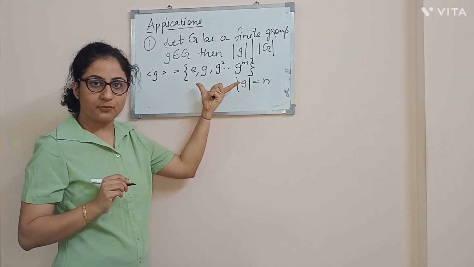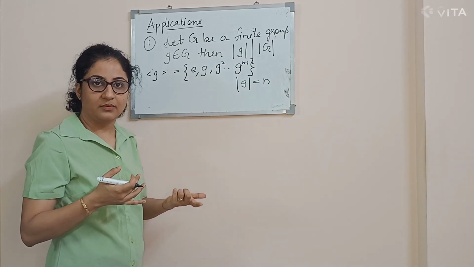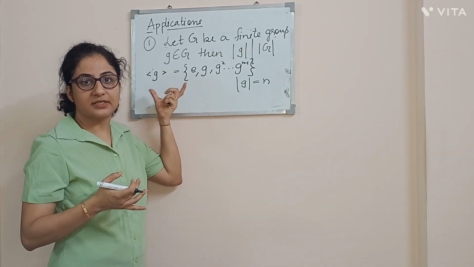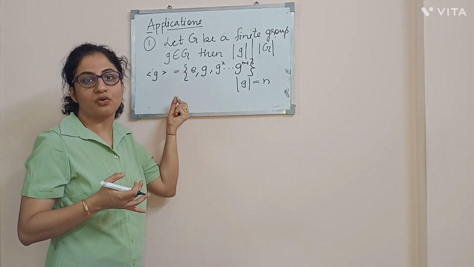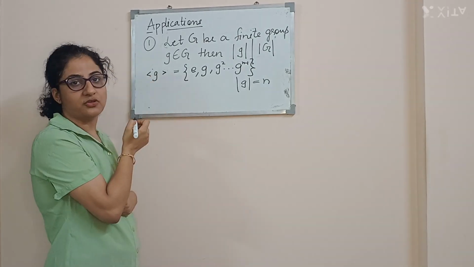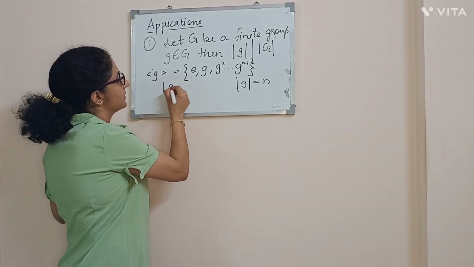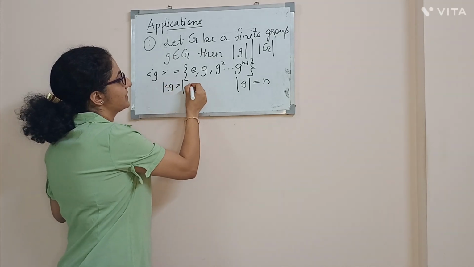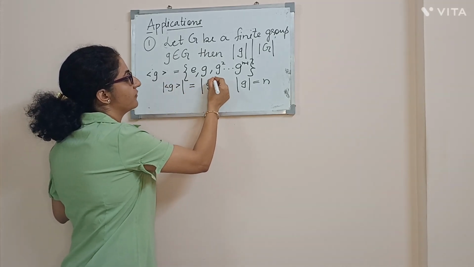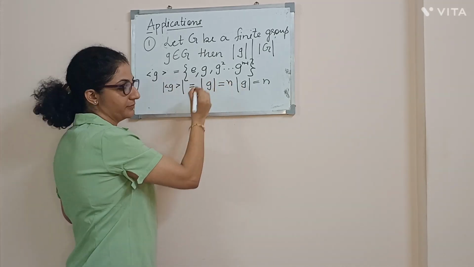So this would form a subgroup, which we already know as the subgroup generated by g. This is by the definition of the subgroup generated by g. So obviously, if you count the elements, the order of this is the same as the order of g, which is n.